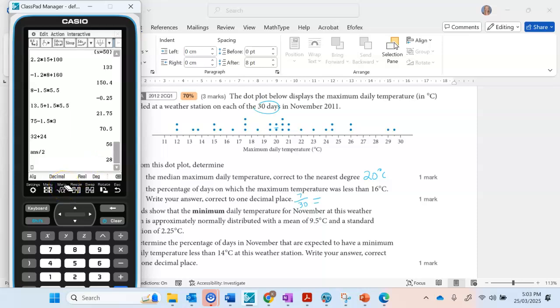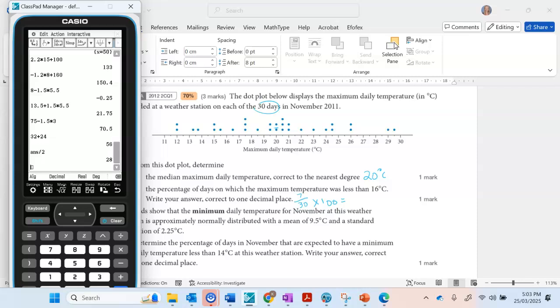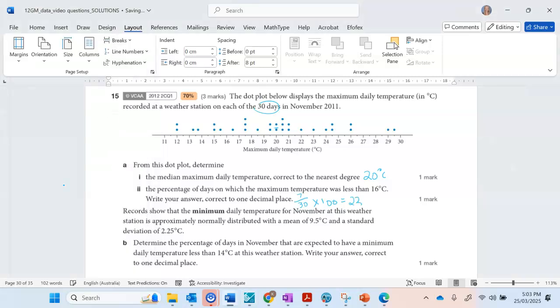Sorry, I should do times 100. 7 divided by 30 times 100. All right, so 23, and we're rounding to one decimal place, so 23.3%.